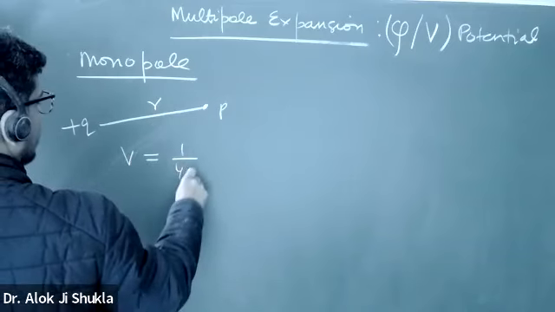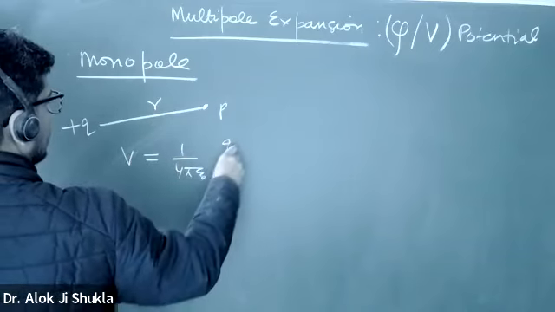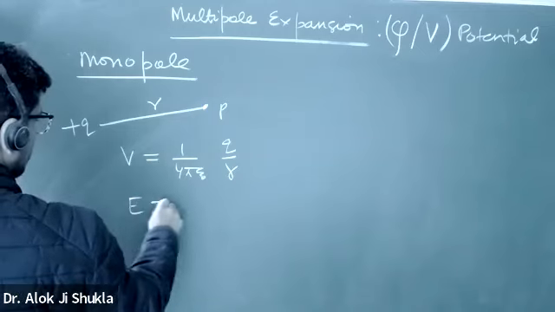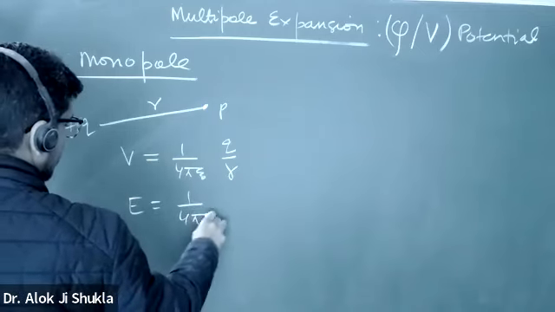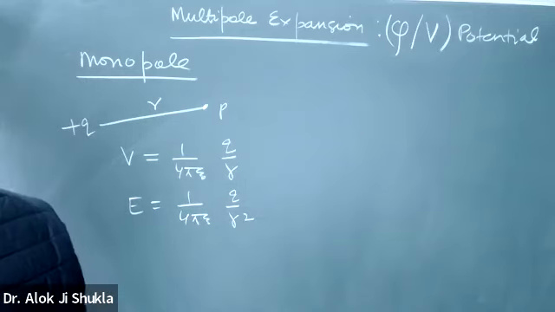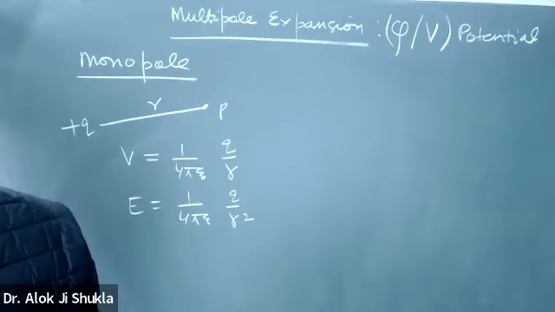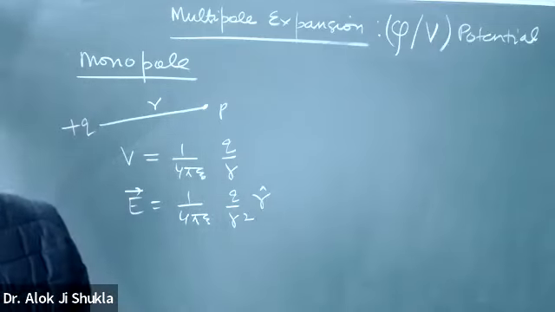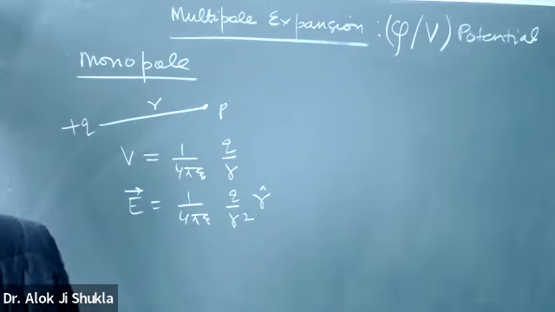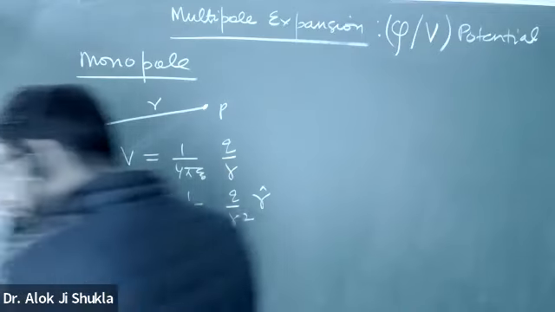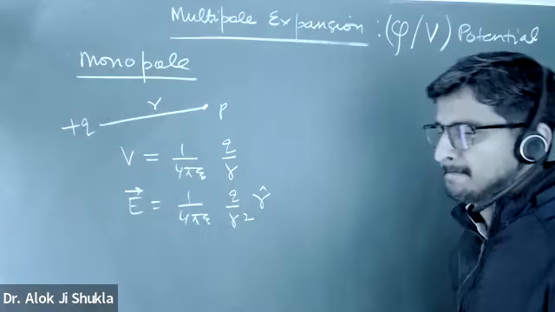Tell me. 1 upon 4 pi epsilon naught Q by R. What is the field? 1 upon 4 pi epsilon naught Q by R square, put vector, put R cap. This is the field. So monopole is okay. This you already know. Note down this. Simple.